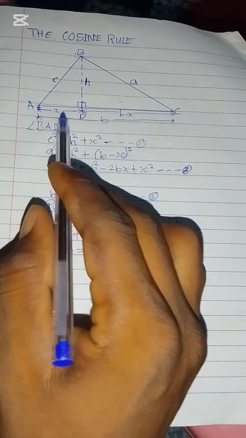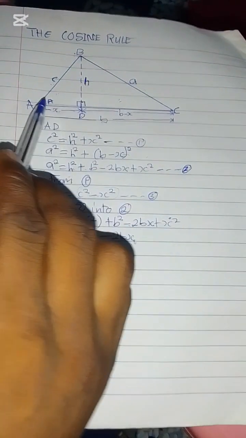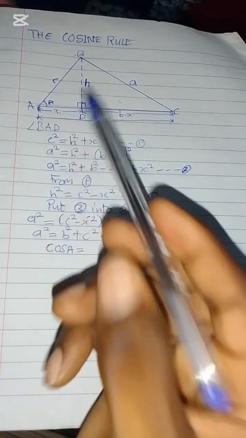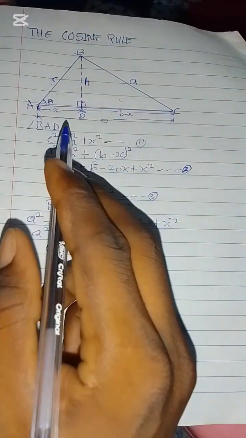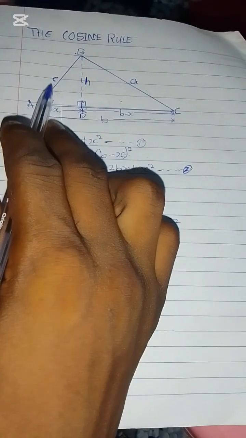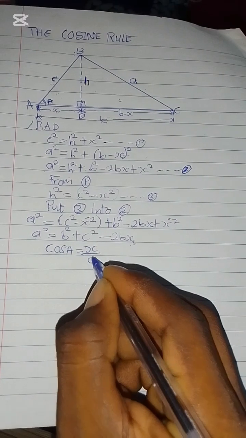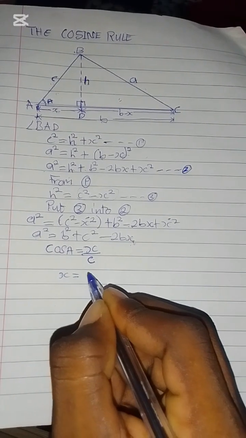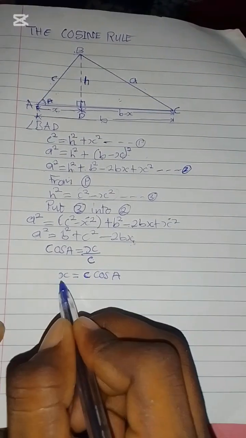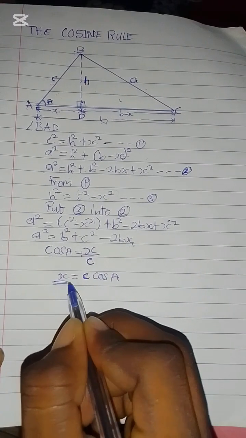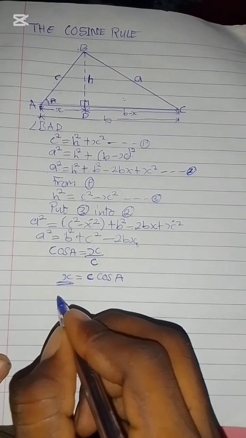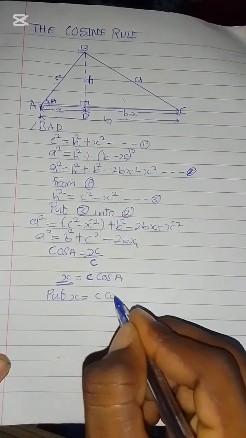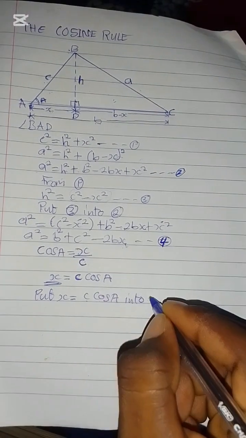So this is my adjacent to the angle A here, which is x, and the hypotenuse is c. So cos A will be equal to x over c, so x will be equal to c cos A. Now that we have the value of x, let's put x equal to c cos A into equation 4.